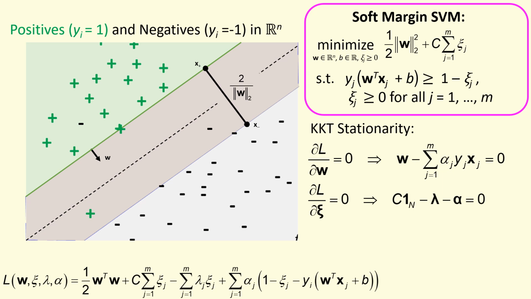So this is just writing these individual partial derivatives in a vector form. And then we take the derivative with respect to b, but there's only one b in the entire thing, and that's going to imply that the sum, j equals 1 to m of alpha sub j, y sub j has to be equal to 0.